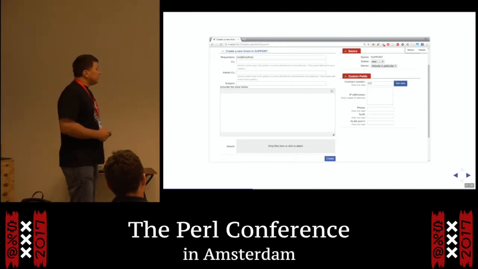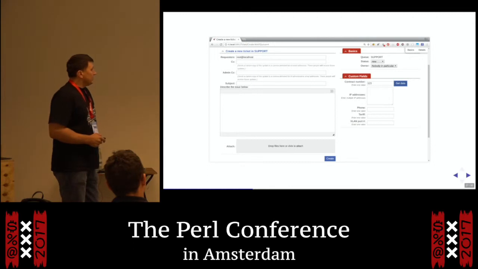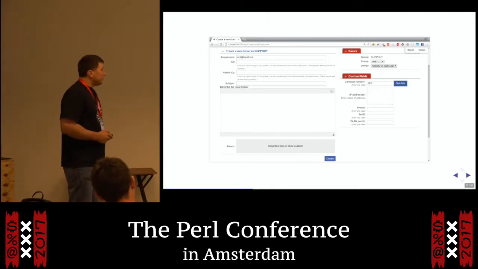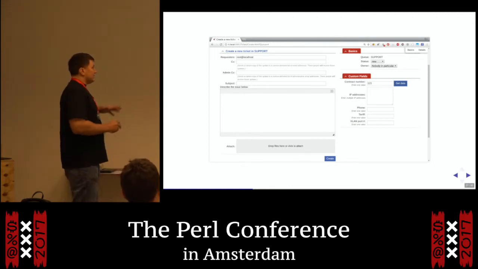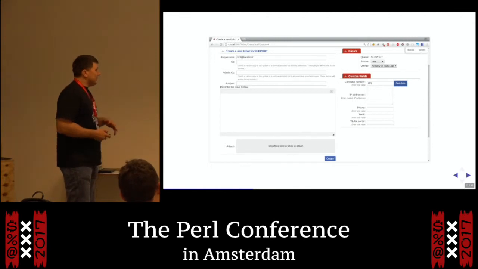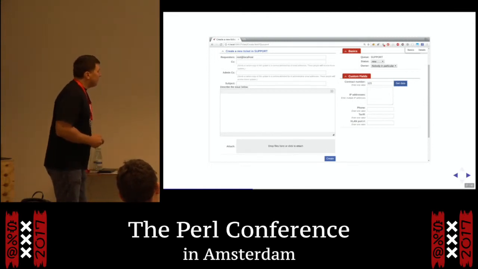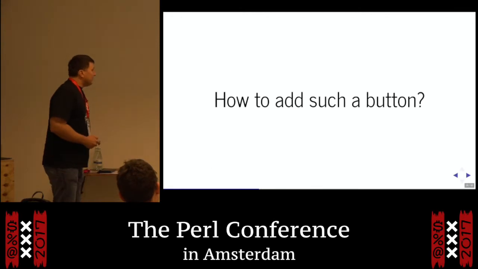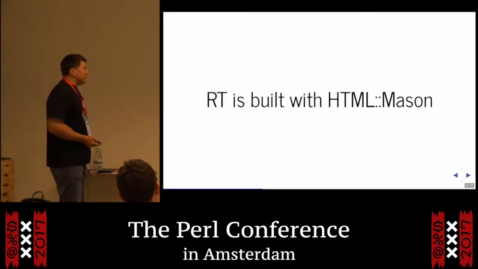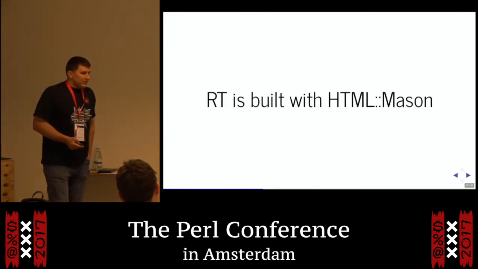And it would be nice if we had a button which is called Get Data. So when we enter the contract number, the button asks some other databases for the remaining data and fills it. So how to add such a button? We need to look at RT internals.